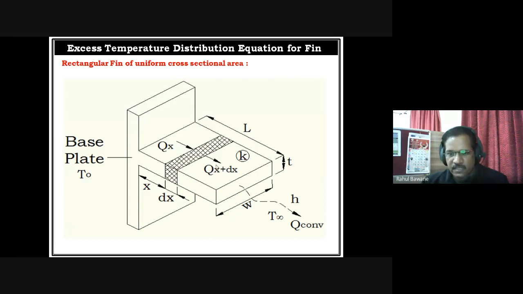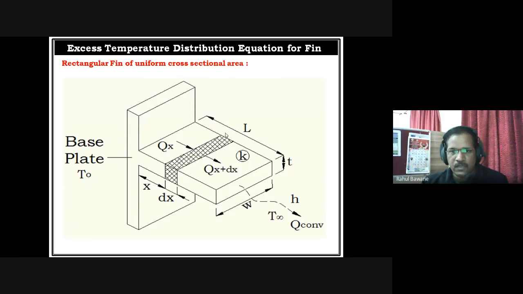This much heat is transferred to the next section of the fin. Whatever the difference between in and out is stored in this section, and this heat is dissipated to the surroundings according to Newton's law of cooling.